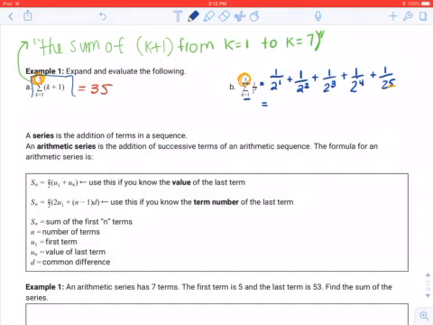Simplifying those a little bit, I've got 1/2 plus 1/4 plus 1/8, since 2 to the power of 3 is 8, plus 1/16 plus 1/32.